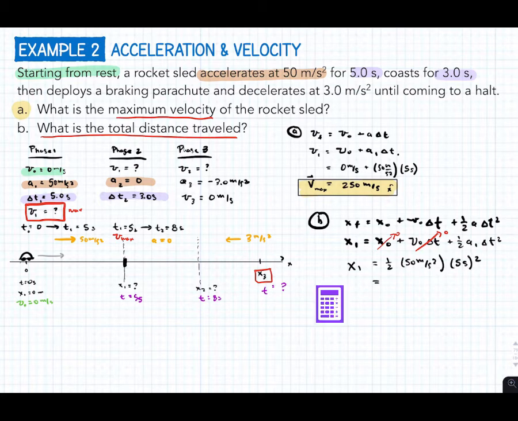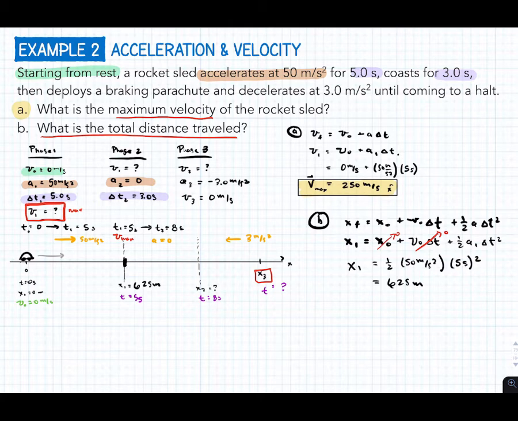So our first position, our x1, should be 625 meters, okay? So right here, x1 is 625 meters, all right, in the first phase.